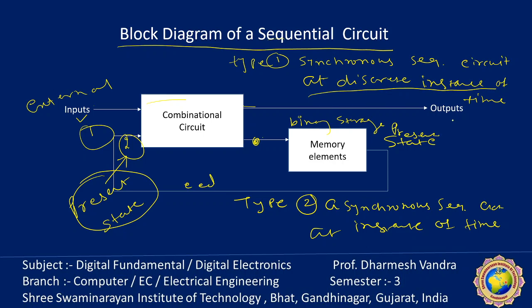Suppose we can say that every 5 microseconds the output is changed, while in the asynchronous case the input is changed at any instant of time. The present state remains constant, but as the external input is changed, the output is changed accordingly.